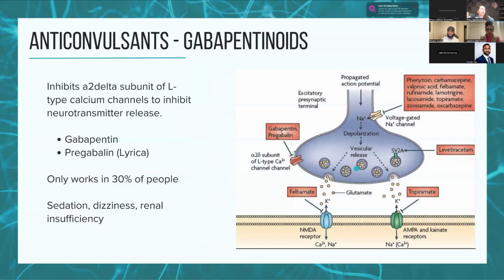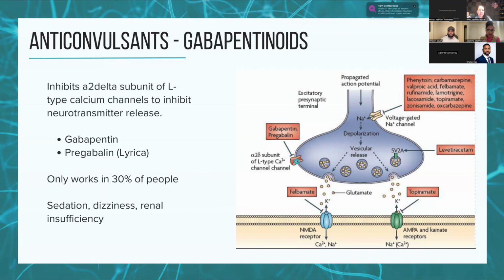I had mentioned briefly that anticonvulsants are used a lot for chronic pain conditions, specifically gabapentinoids. Despite the name gabapentinoids, it actually doesn't work on GABA, it works on calcium channels. And remember, I talked about the presynaptic neuron. Those calcium channels control the release of neurotransmitter.